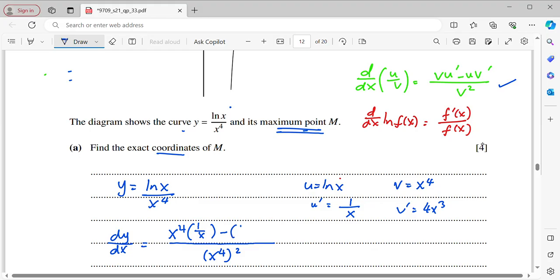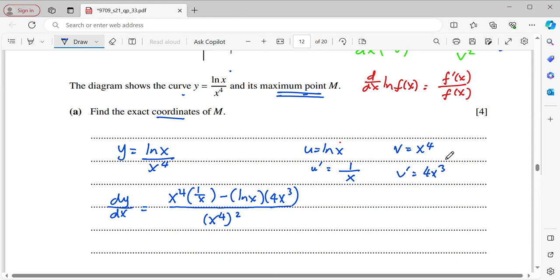So it will be ln x, then 4x cubed. Okay, so now simplify. So first term, x to the power 4 over x, you can just simplify this into x cubed. Then I will be getting x cubed minus 4x cubed ln x over x to the power 8.